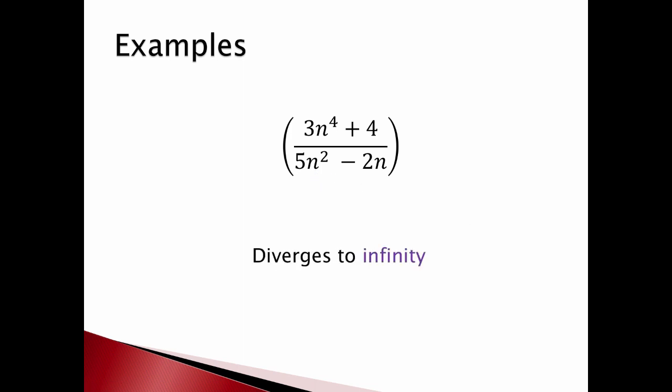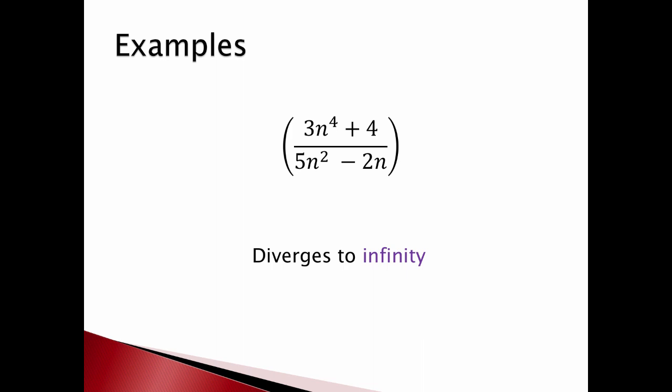So if you've seen these kind of problems before, you may have been told to divide the top and the bottom by the highest powered thing or the highest powered term and this sort of stuff. And that's great. But the truth is, we're going to need to be able to do these kind of problems very quickly. We're going to need to be able to look at it, see what the answer is, and go on.